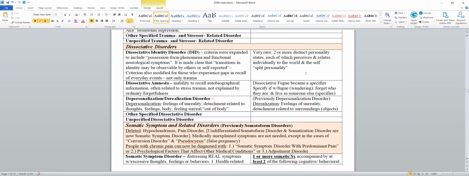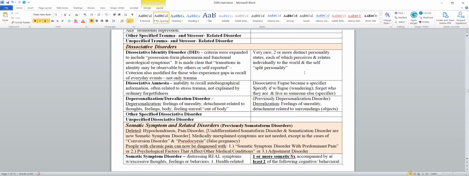Dissociative identity disorder is very rare. 2 or more distinct personality states, each of which perceives and relates individually to the world and the self. This is referred to as the split personality. Dissociative amnesia is the inability to recall autobiographical information, often related to stress or trauma, not explained by ordinary forgetfulness.